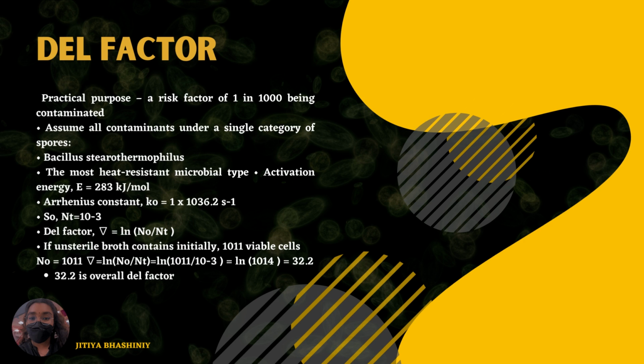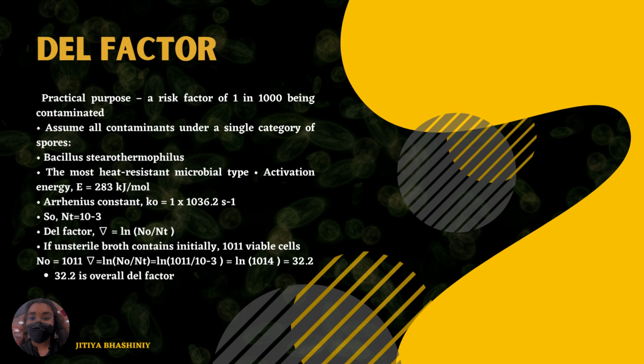For example, assume all contaminants fall under a single category of spores, which includes Bacillus stearothermophilus, the most heat-resistant microbial type, with an activation energy E of 285 kilojoules per mole, and an Arrhenius constant k0 of 1 times 10 to the power of 36.2 per second. So the formula gives Nt = 10 to the power of negative 3, and delta = ln(N0/Nt).